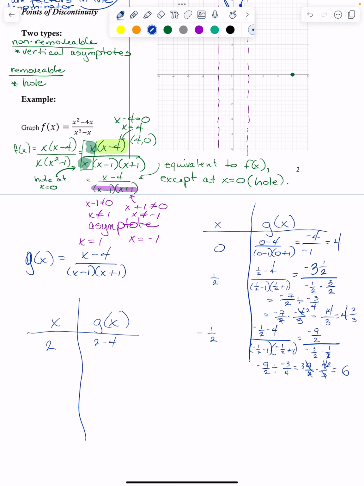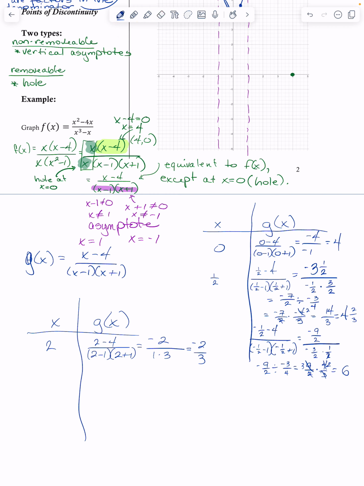Which gives me 2 minus 4 over 2 minus 1 times 2 plus 1. Negative 2 over 1 times 3. Negative 2/3. Let me move my 1/2 a little closer. So that makes a little more sense.